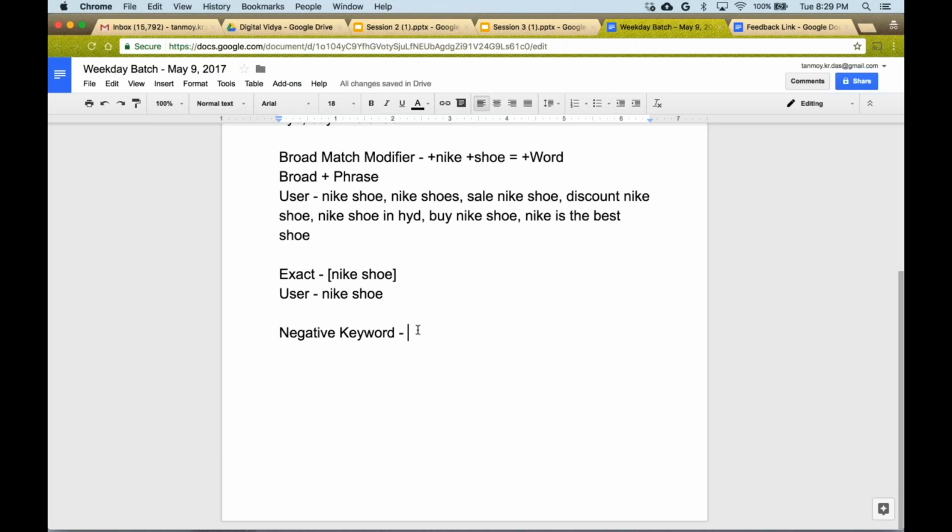So with respect to negative keywords, this is what we are saying. I have a website where I sell Nike shoes, and what I'm looking for is customers who want to buy a Nike shoe. Now on google.com, there will be a lot of different kinds of people who will come and search.